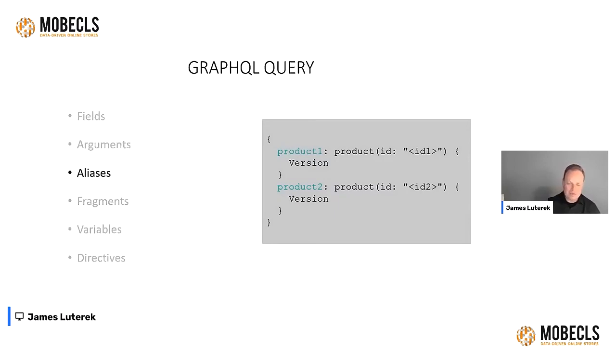And the reason is, with GraphQL, you can ask for multiple resources in a single request to that server. So in one round trip from your application up to the e-commerce platform, you can ask for lots of different data points. In this case, the screen is showing that you can ask for 2 different products with different IDs. And when they come back, you're going to want to know which item matches which request. So that's where this aliasing comes in.